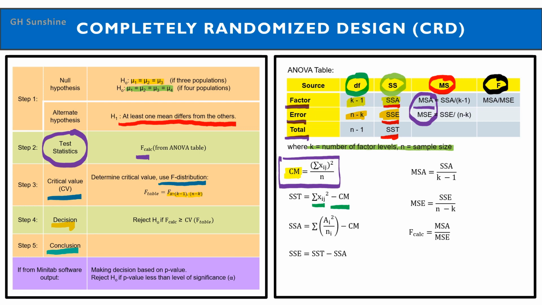Then SSA: the total of each treatment or each factor level squared, divided by its sample size, then added up for each level, minus the correction mean. And last one here is SSE. SSE equals SST minus SSA.